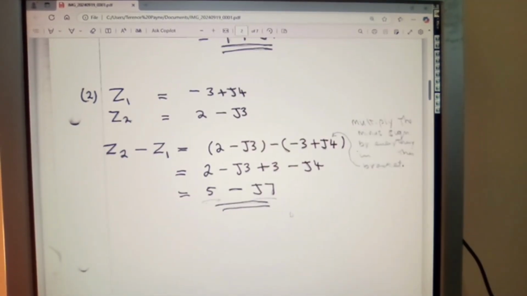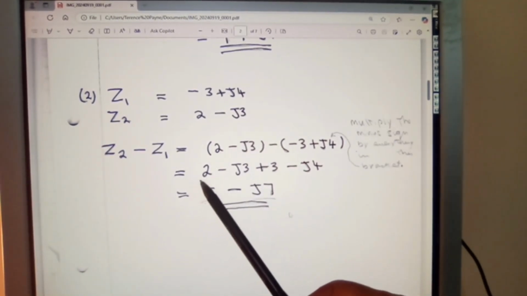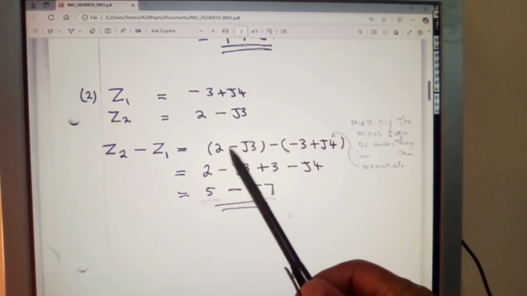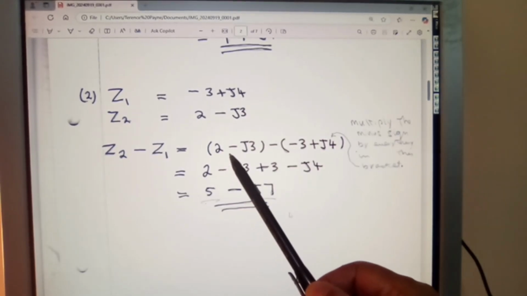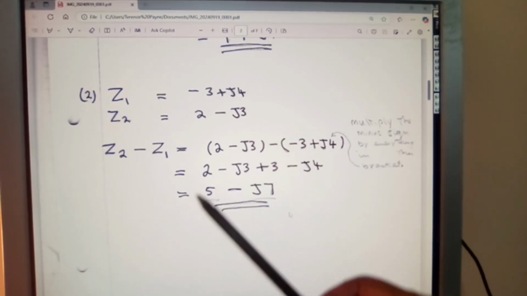Now for me, what I've done here is take them out of the brackets. Two minus j3.